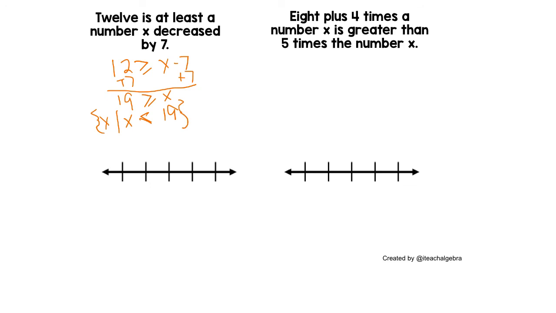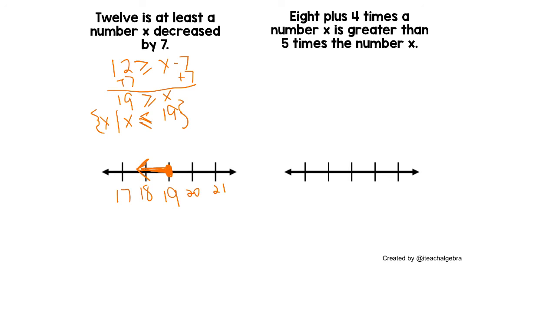Now I can put it in set builder notation. Fill out my number line. There's an equals portion of the inequality, so it's going to be a circle on 19. And the point is pointing towards the left, so our arrow points towards the left.